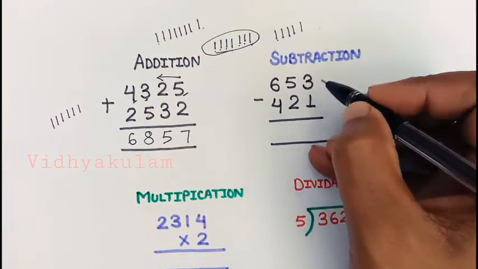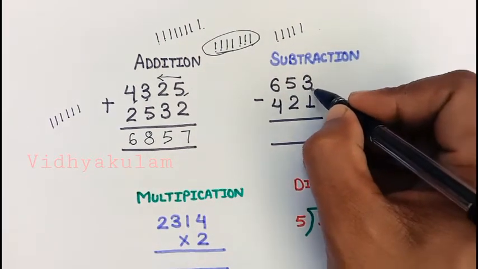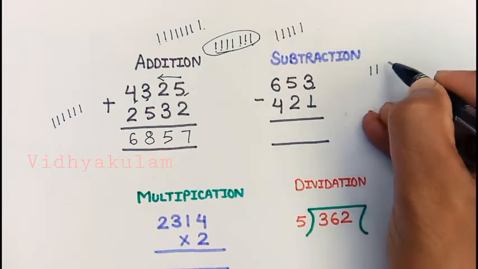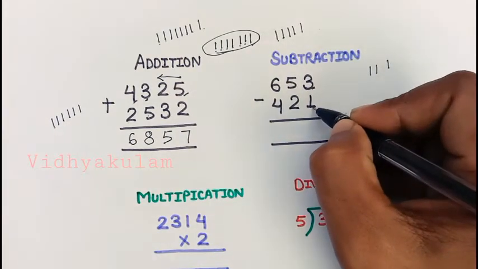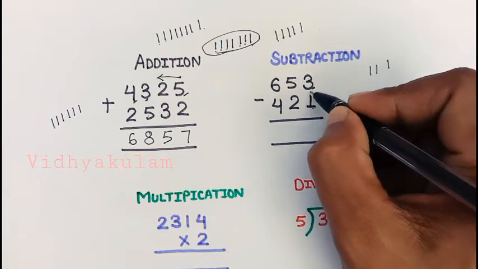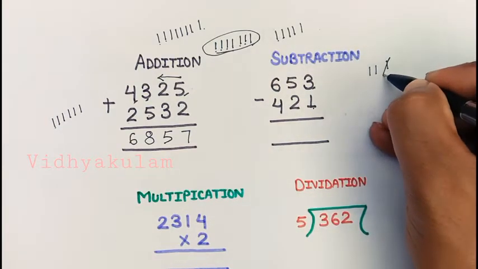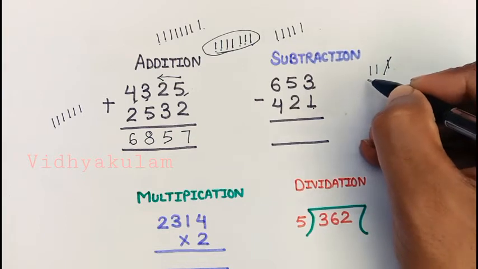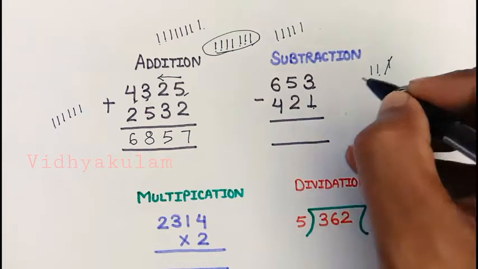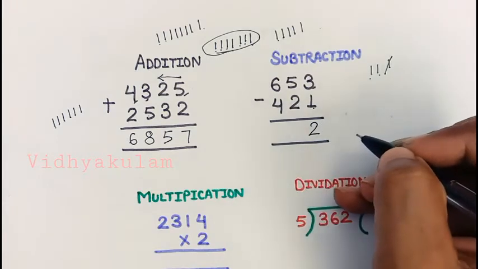Subtract 1 from 3. So we will draw 3 lines: 1, 2 and 3. And reduce 1, because we subtract 1 from 3. So remove or cut 1 line. Count them all together: 1 and 2. Here we will write 2.